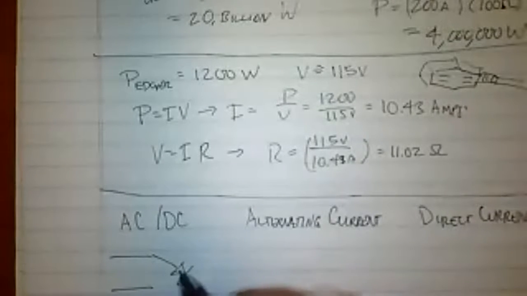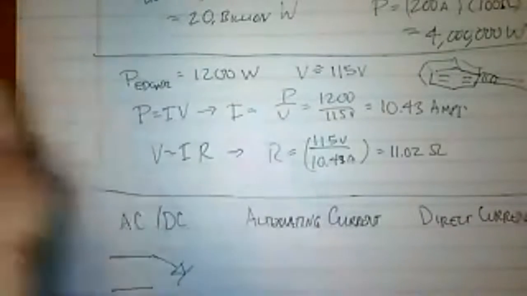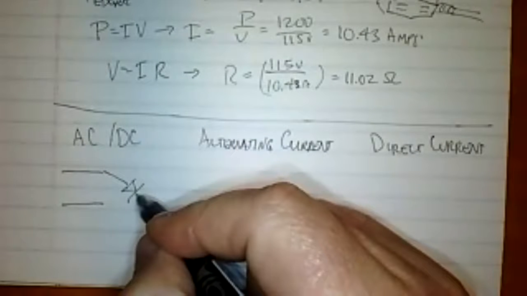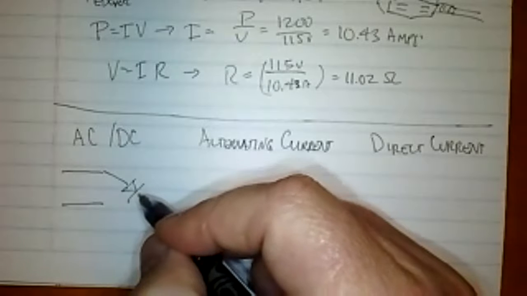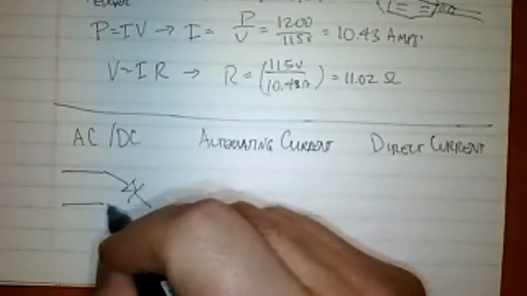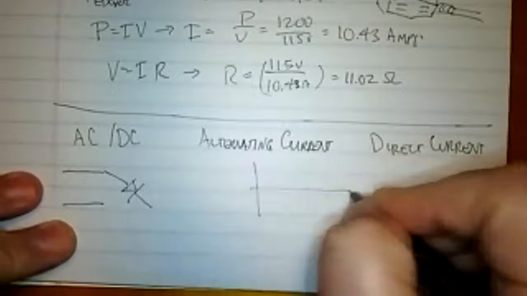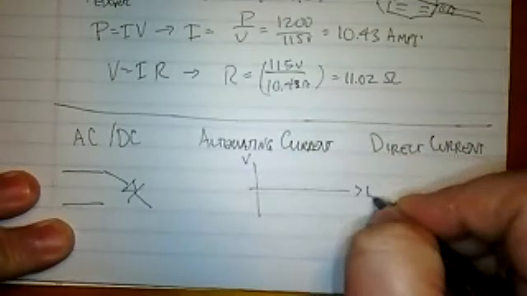A diode looks like something that allows current to go one way. It looks like you can't go that way, but you can go this way, and that's exactly what a diode does within a certain range. Each diode you buy gives you a certain range and says, as long as you don't exceed this current or this voltage, it'll hold up. If you just did that, let's say this is voltage and this is time.